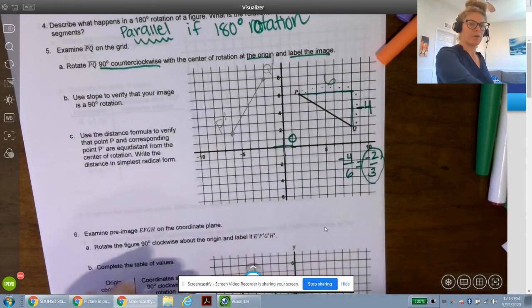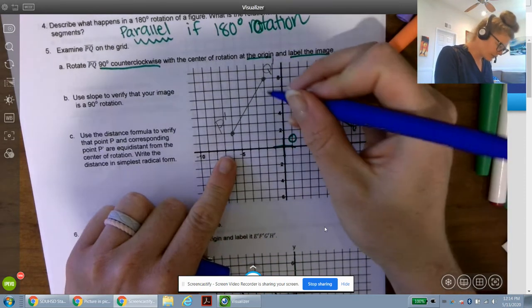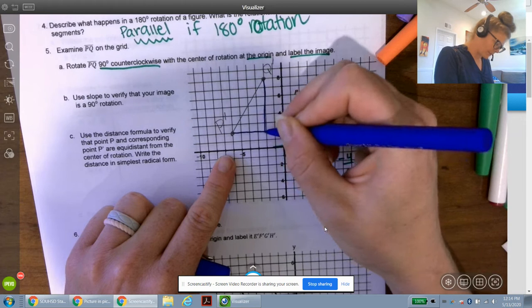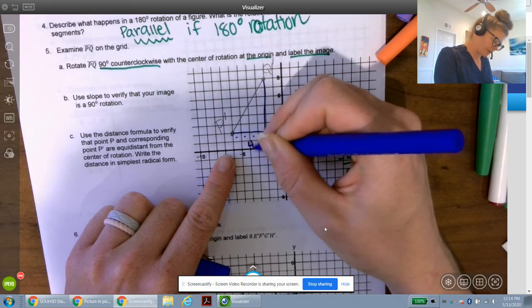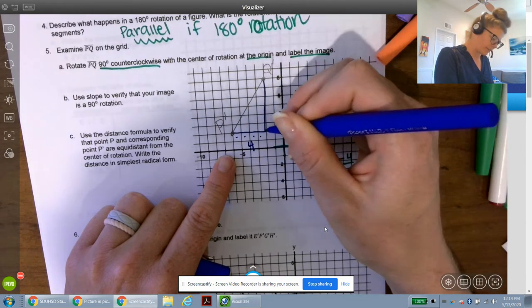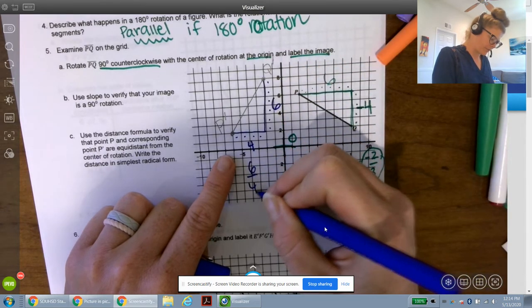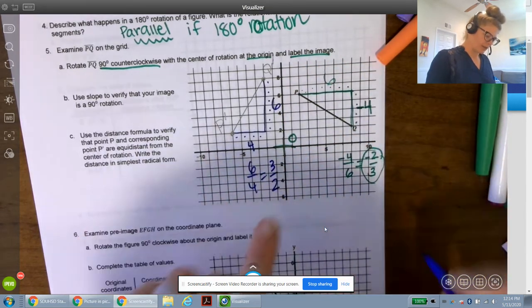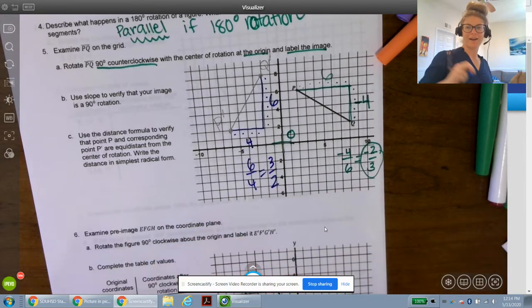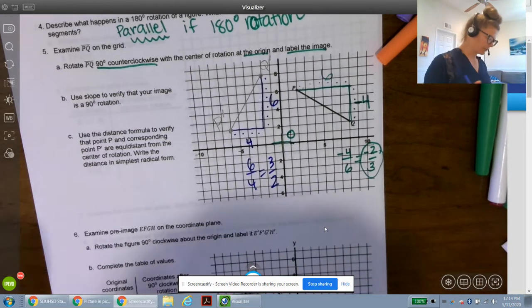So then if I come over to my image and make a right triangle to find my slope, 1, 2, 3, 4, and then right and up, 1, 2, 3, 4, 5, 6. 6/4, which is 3/2. 3/2 and -2/3 are opposite reciprocals.